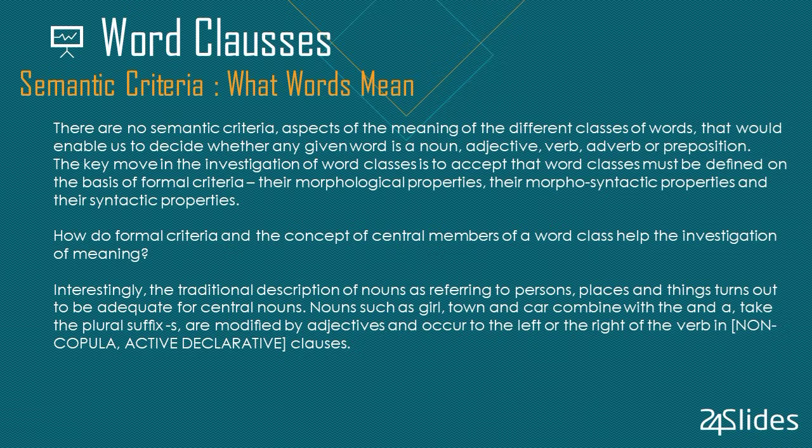How do formal criteria and the concept of central members of a word class help the investigation of meaning? Interestingly, the traditional description of nouns as referring to persons, places, and things turns out to be adequate for central nouns.